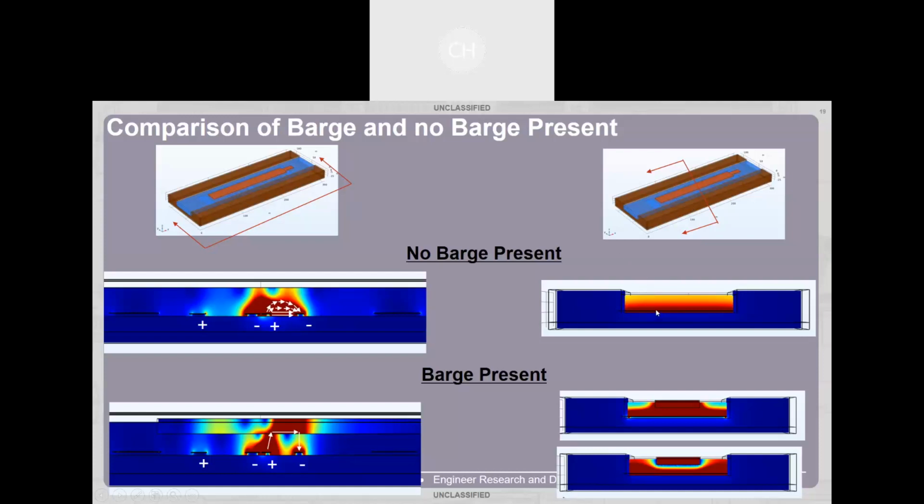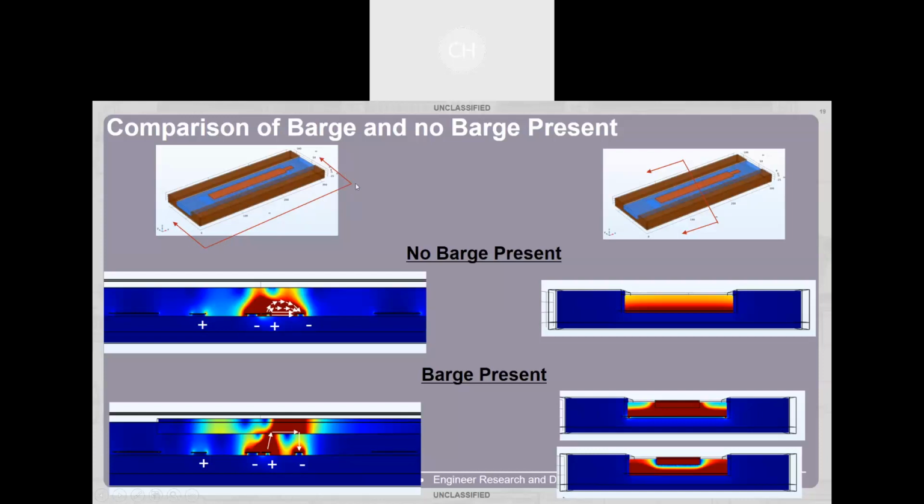The closer we are to these electrodes, the stronger the field is, and the farther away we get, the more and more it drops. So again, no barge is present in this image here.